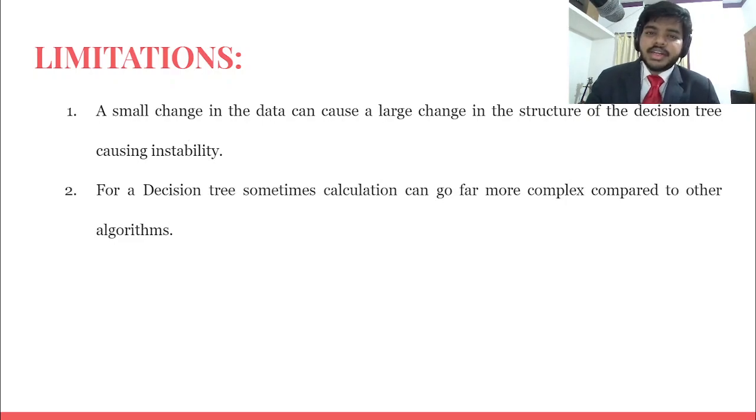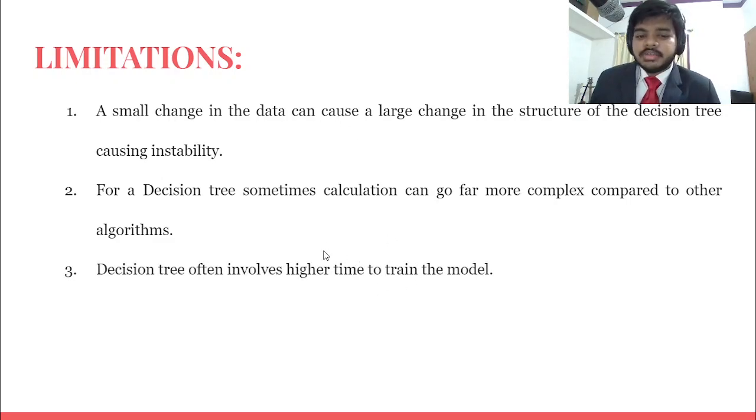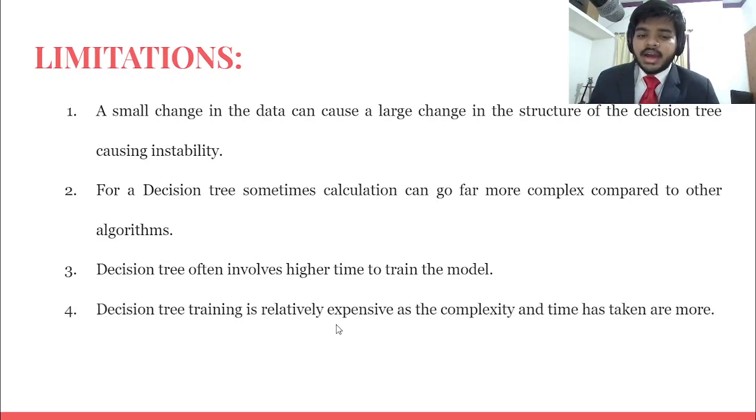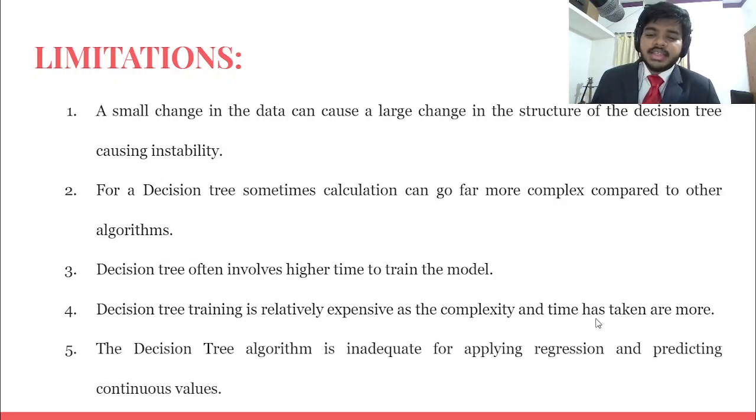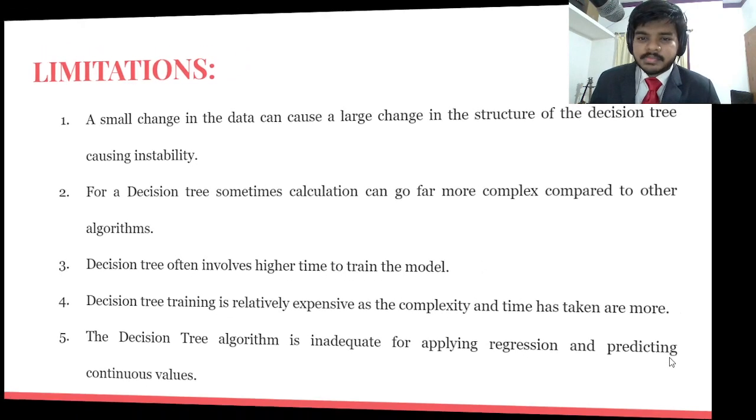Because it's an iterative calculation process, you have to repeat every step at a time, which leads to taking more time to train the model, and hence being very expensive compared to others, because it is complex and takes a lot of time. Since it depends on every single step for calculation, you can't apply regression or predict continuous values.